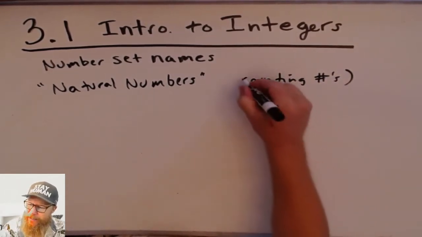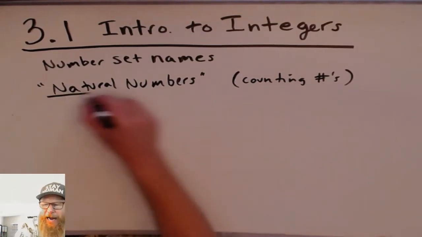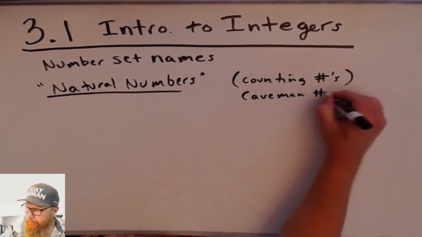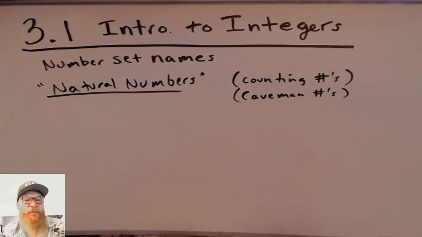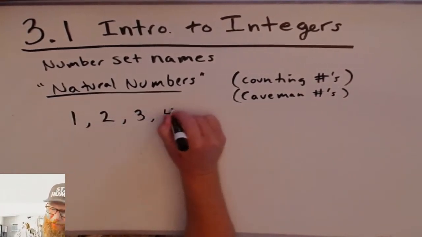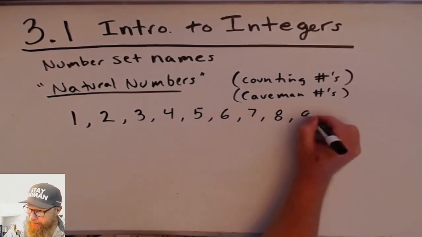I don't use that terminology very often, but it's definitely been used before. I like to call them caveman numbers, because our ancient ancestors, 10,000, 20,000, maybe even longer, could count. They might not have used these symbols that we use today, but they could definitely count.